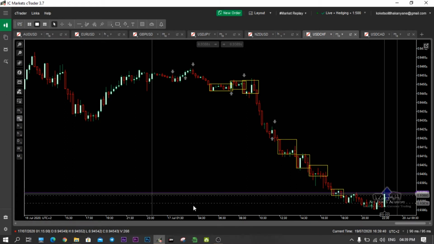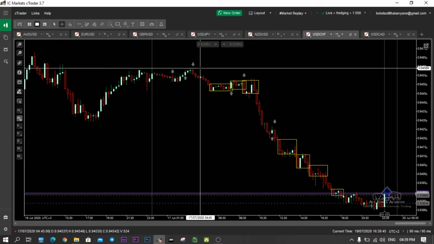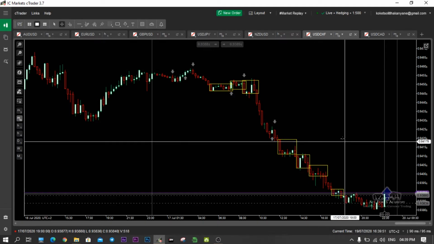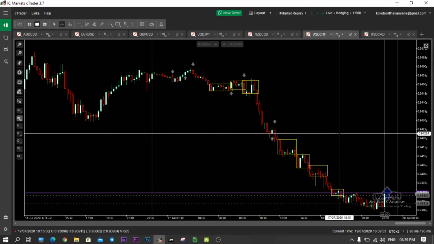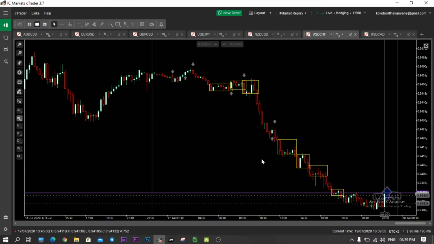As we can see, the bears were in power for this day because prices just fell from 94589 right down to approximately 93863. So this was quite a bearish day for the dollar, as the Swiss franc gained strength against the dollar, pushing it down.